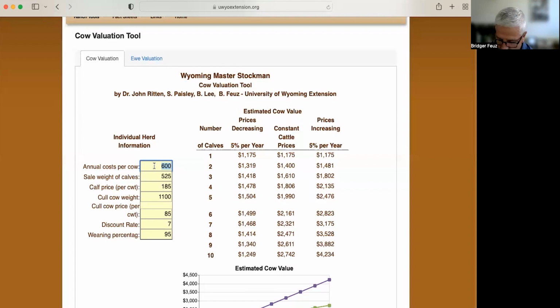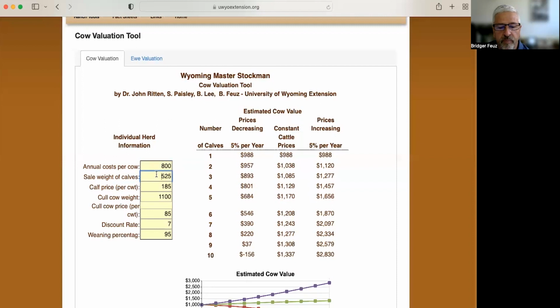What if our annual cow costs are $200 more? So we'll put in there $800. Now we can only afford to pay $1,129. So that's a significant drop in terms of what we can afford to pay and still make a 7% return on our investment on that cow.